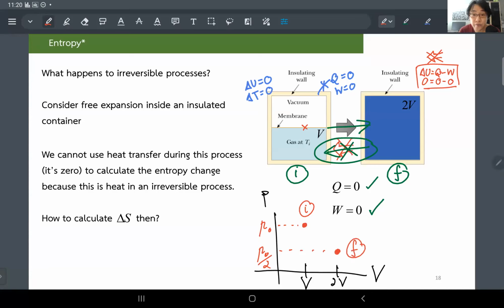What kind of curve is going to connect the initial point and the final point in the PV diagram, guys? What kind of curve connects the initial condition of the gas and the final condition of the gas? What do you think?